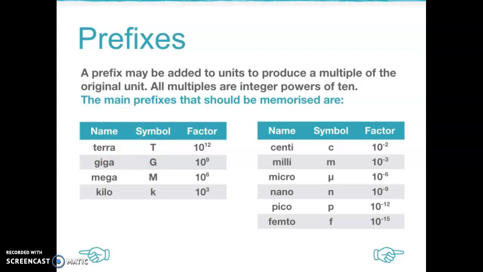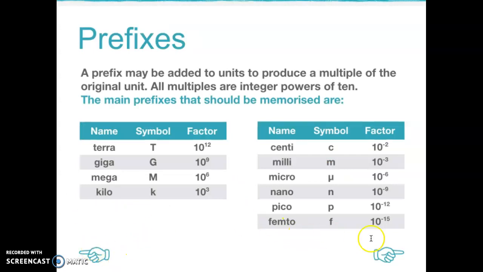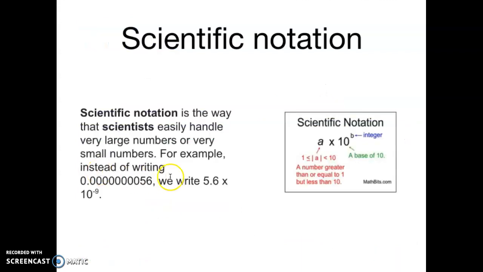If we take this previous example, we have 5.6 times 10 to the minus 9. If you were using, for example, meters, this is a minute distance, 5.6 times 10 to the minus 9 meters, then we could replace the 10 to the minus 9 with nanometers. So in reality, we have 5.6 nanometers.